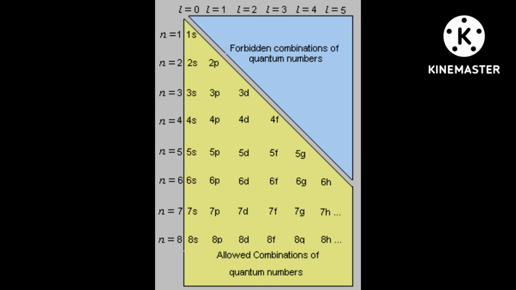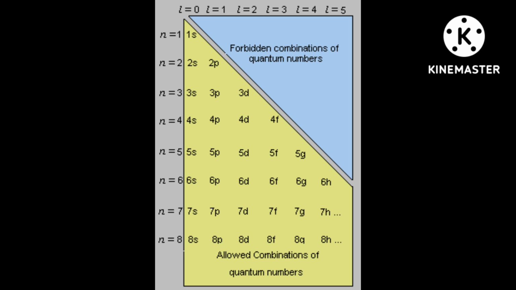Then what about spin? Each electron can spin either clockwise or anti-clockwise. Hence the possibility is two values for each electron, plus half and minus half.